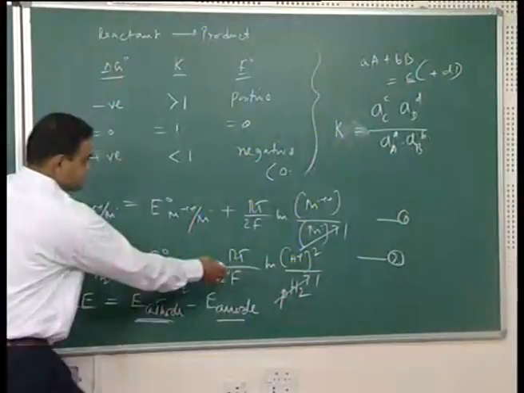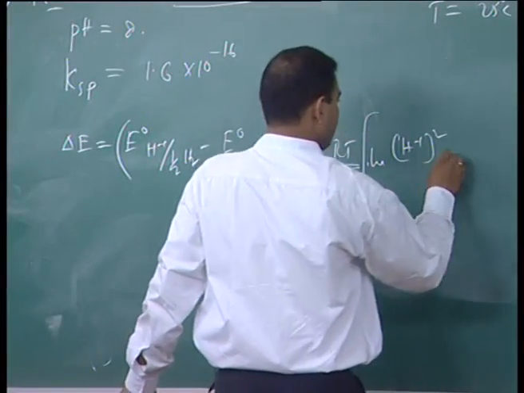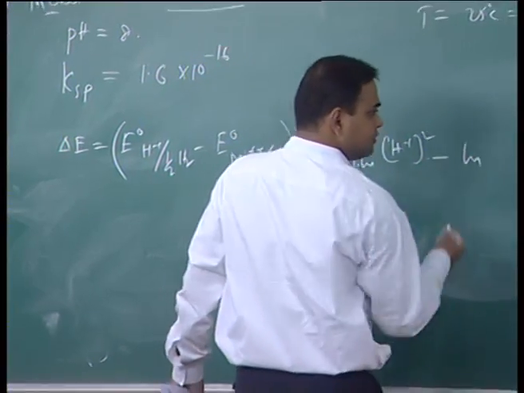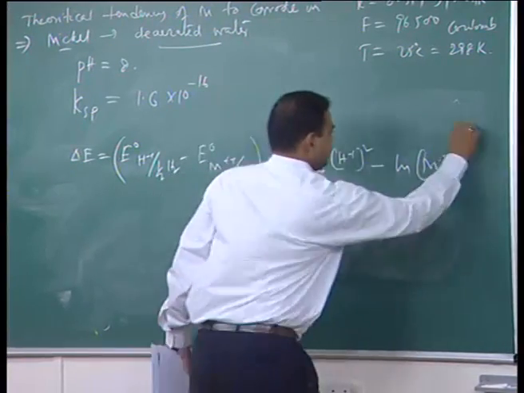Since I have considered this to be 1 and this to be 1, minus ln Ni plus plus concentration.